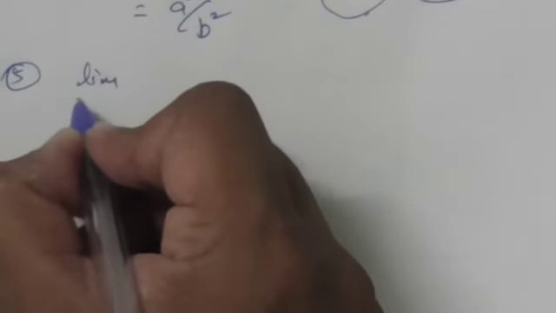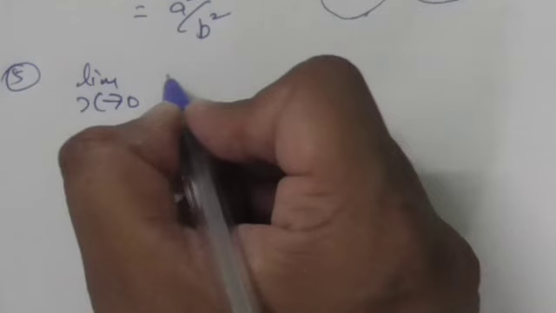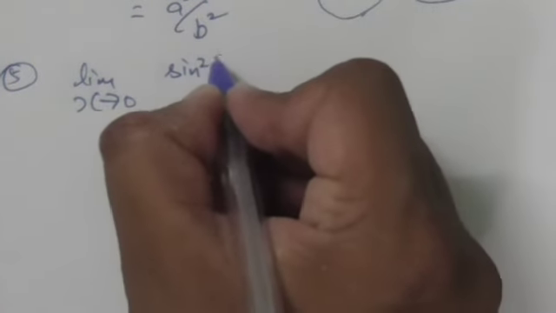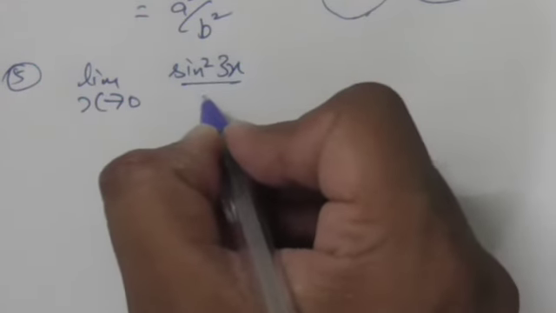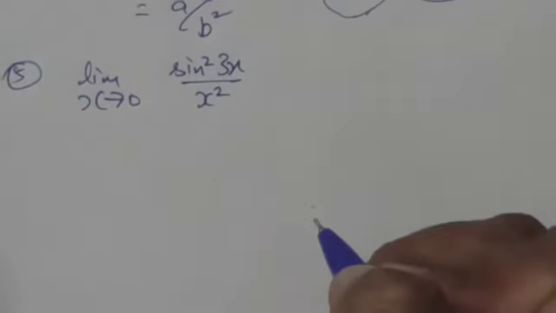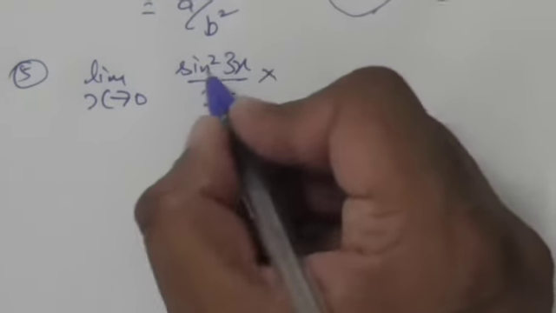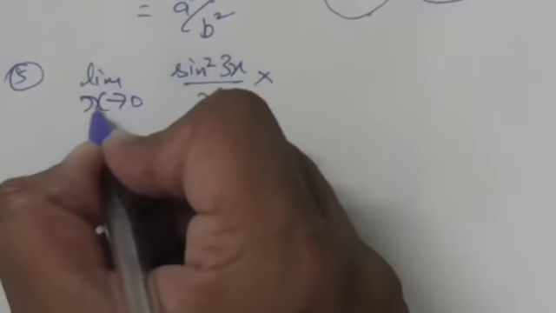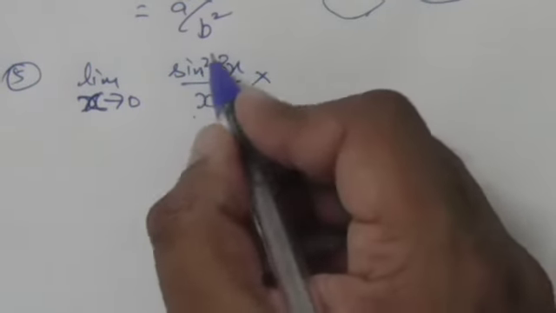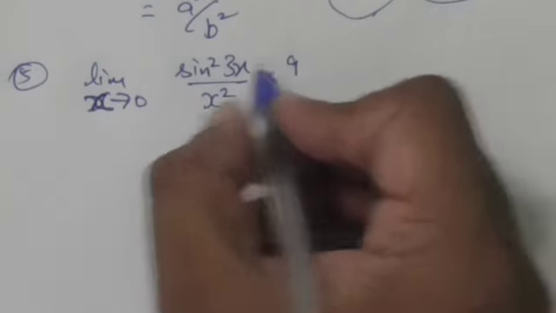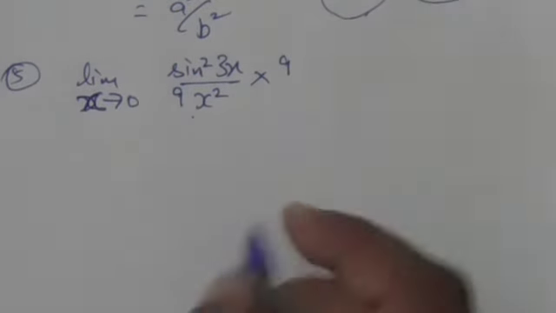Limit x tends to 0 sin square 3x upon x square. So we will multiply numerator and denominator both by 9, right?